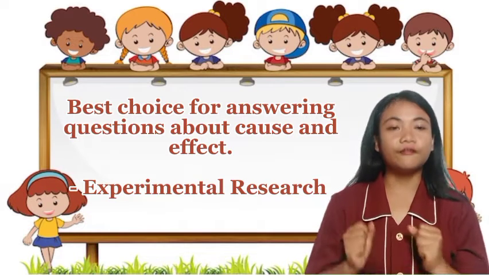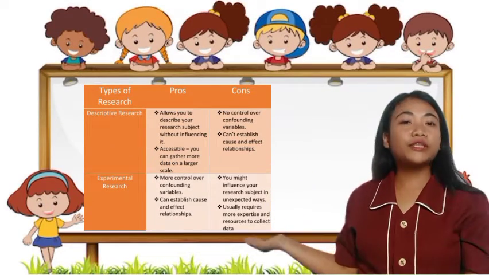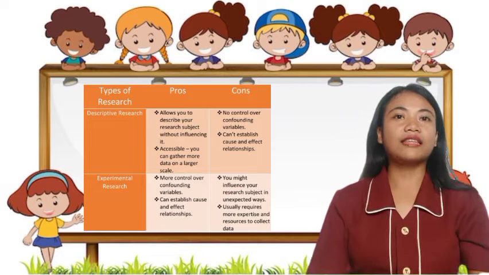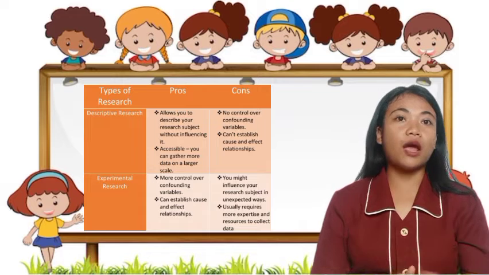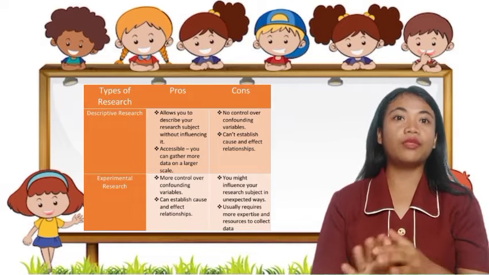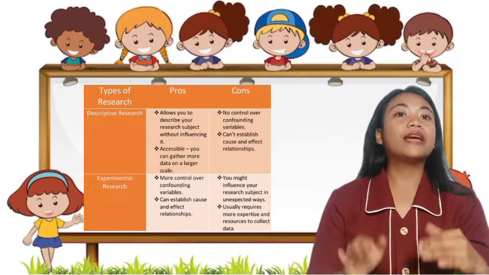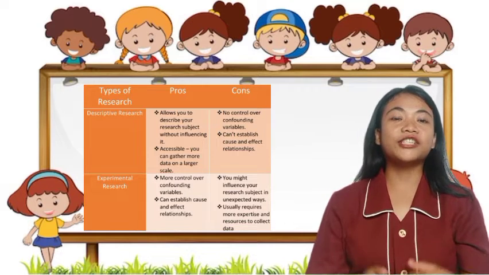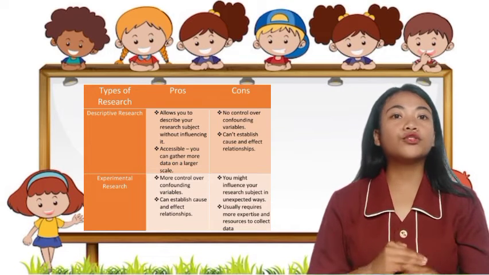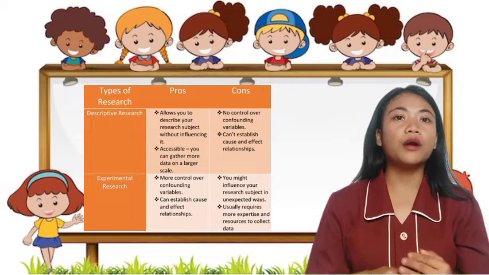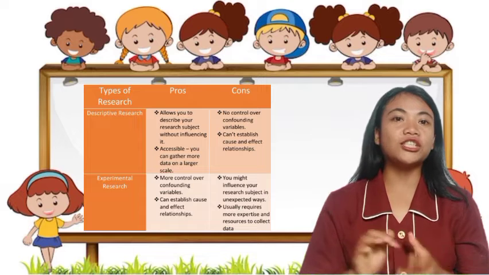And here are the pros and cons of descriptive and experimental data. For descriptive pros, it allows you to describe your research subject without influencing it, and it is accessible. You can gather more data on a large scale. For its cons, you have no control over confounding variables, and it can't establish a cause and effect relationship.